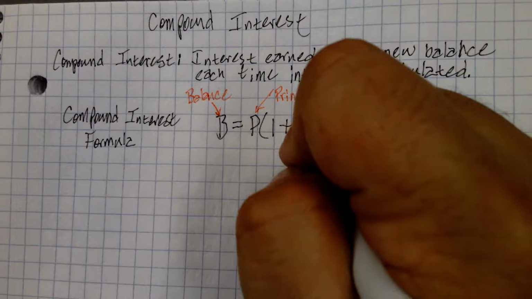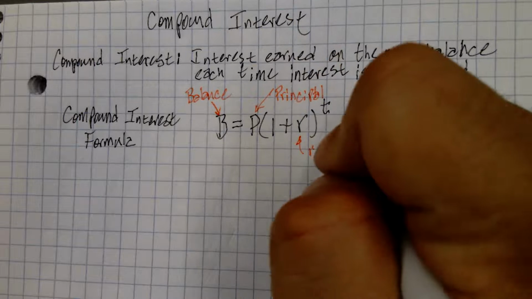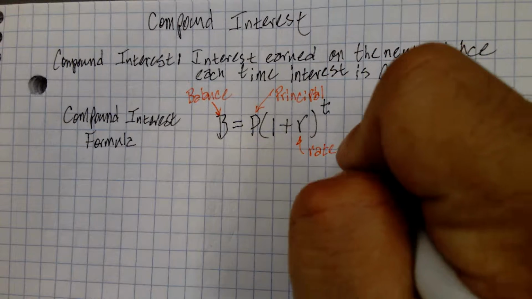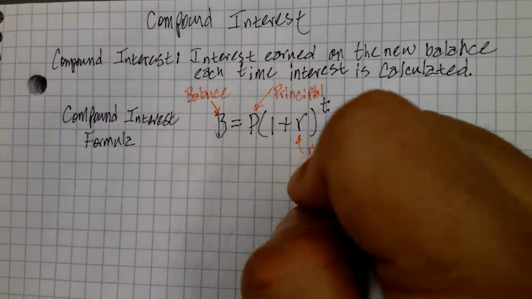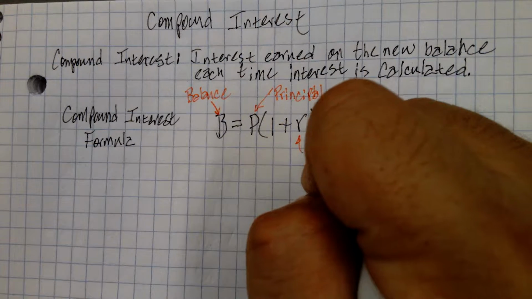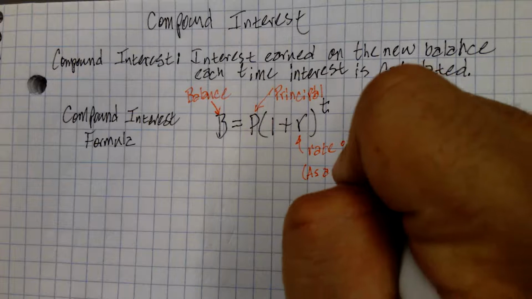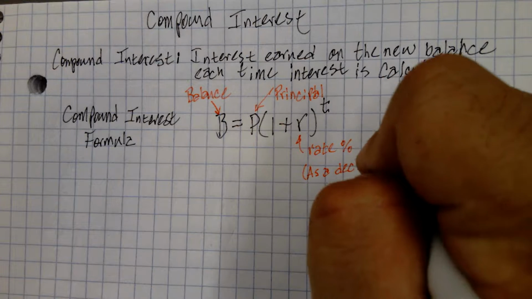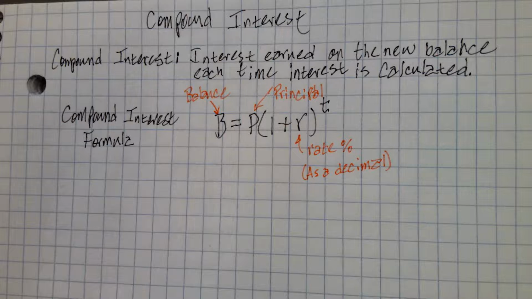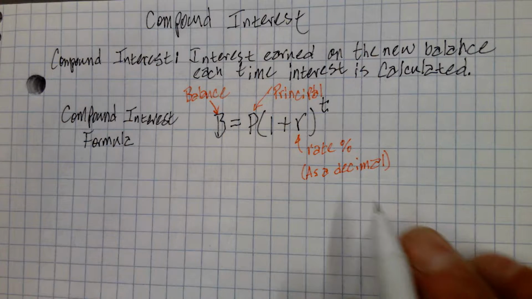R we've seen before. That's our rate, basically our percent, written as a decimal. So that's our percent as a decimal.